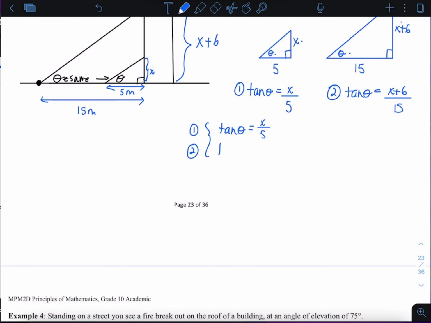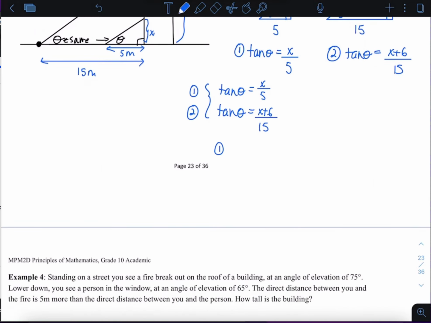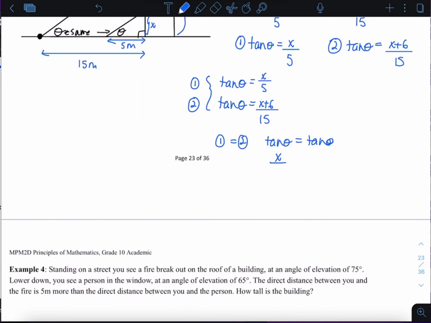In my second equation, tan theta is x plus 6 over 15. So I can set 1 equal to 2, substituting tan theta: x over 5 equals x plus 6 over 15.